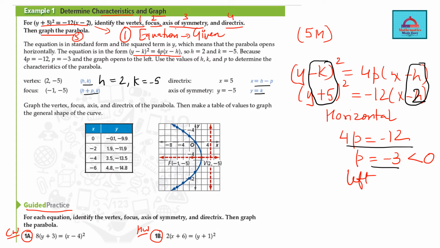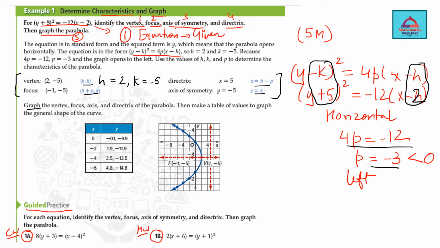Once you know all of these things, the vertex, the focus, the axis of symmetry, and the directrix, all these four things coming from the formula sheet, you can go ahead with the graph. In order to do the graph, first you plot the vertex, then you plot the focus, then you draw the axis of symmetry. Once you draw your axis of symmetry, your directrix and your vertex, you know that the parabola being on the left is going to start from here.